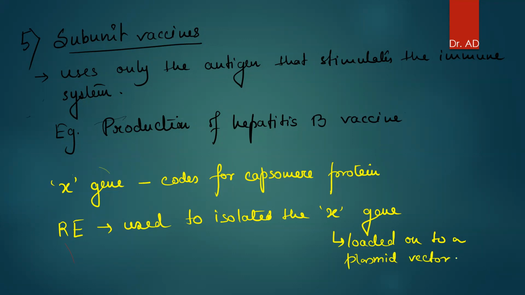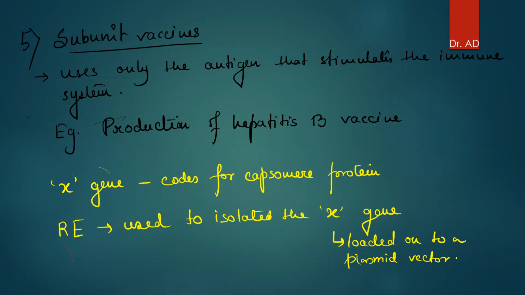This is loaded onto a plasmid vector, right? That same restriction endonuclease, which was used for cutting the viral DNA, is used to cut the plasmid also in order to generate similar cut ends, or else what will happen?